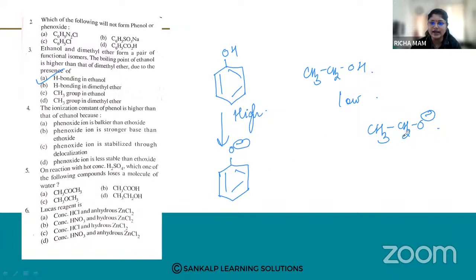So phenoxide can be resonance stabilized, stabilized by delocalization. The alkoxide ion cannot be stabilized. So phenoxide ion is more stable than alkoxide. So option number C is the correct one.